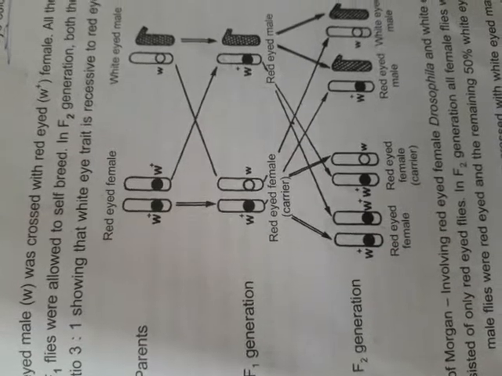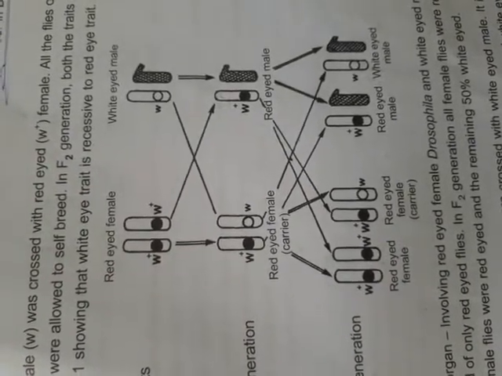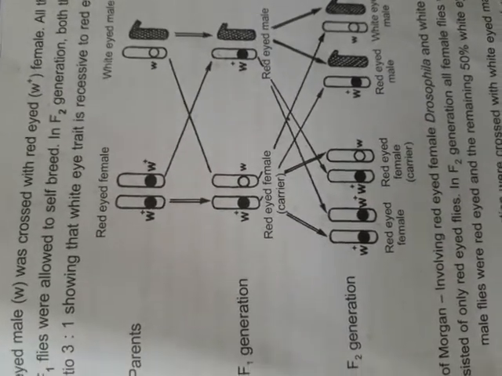You can see the parents, a red eyed female and a white eyed male. In F1 generation, all the flies were red, that is, a red eyed female carrier and a red eyed male.